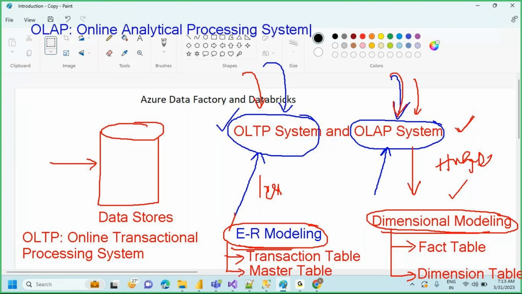Okay, so both are databases only, both are databases, but the purpose of this OLAP system is to take the business decisions. And the purpose of this OLTP system is to run the business.